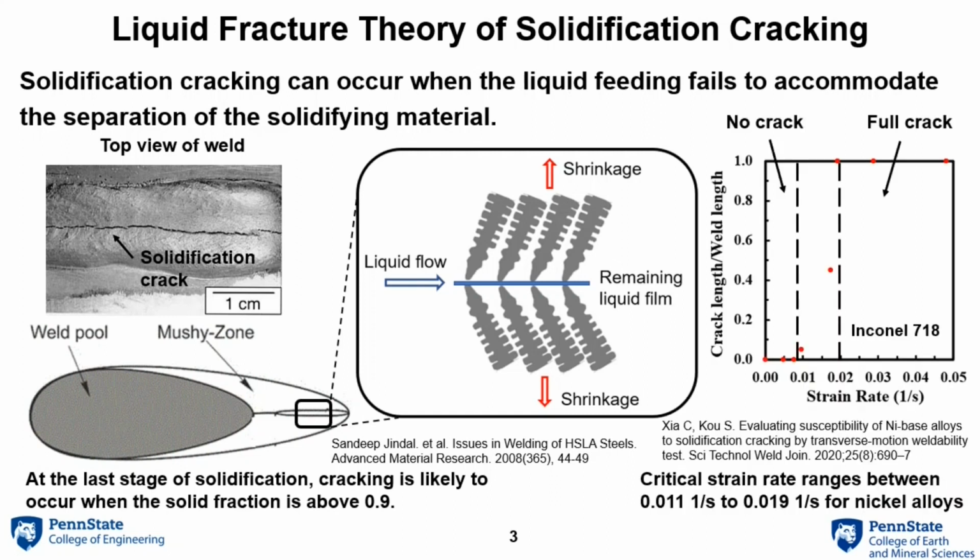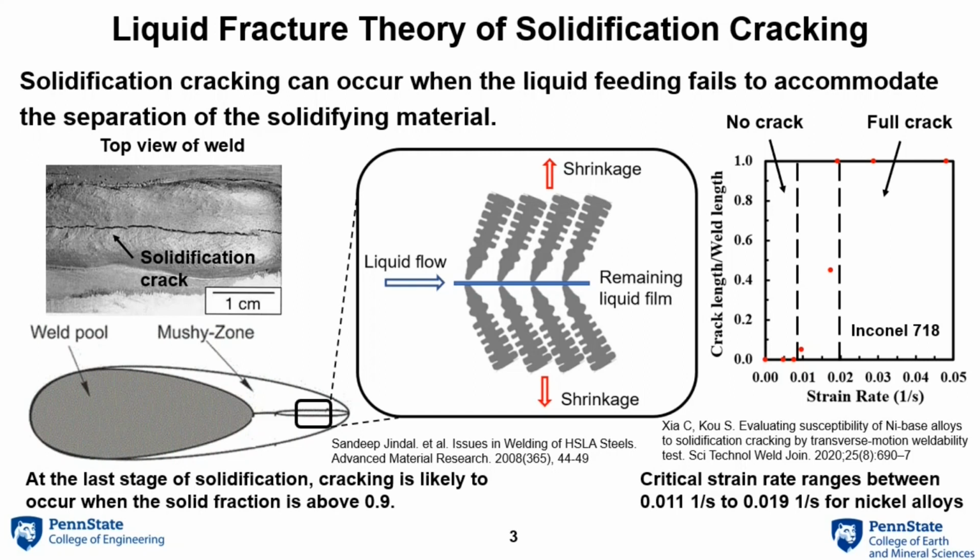A more recent finding indicated that for solidification cracking to occur, we not only need the material to be in tension, but also the solidifying materials need to be stretched away from each other fast enough. This property can be quantified by the strain rate experienced by the solidifying materials.